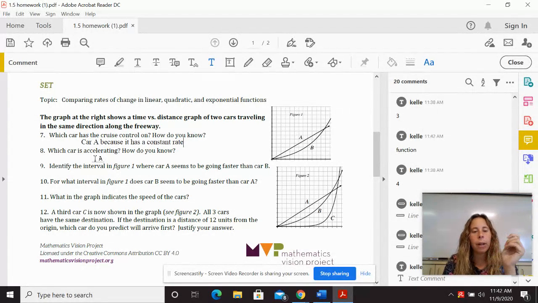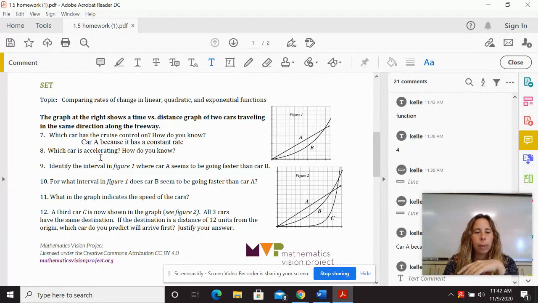Which car is accelerating? How do you know? Car B. So let's look at car B. Car A, we're always going the same speed. Remember this is distance, not speed.